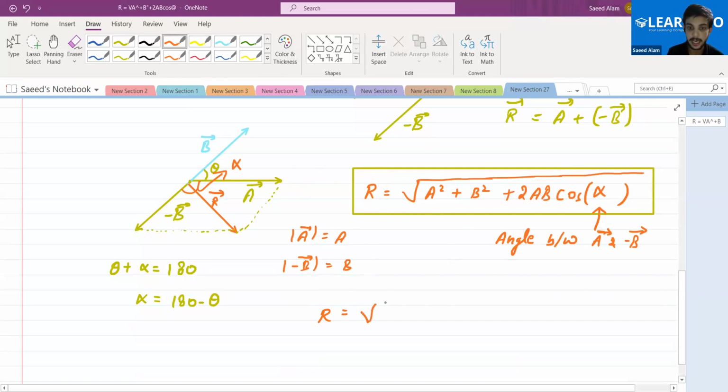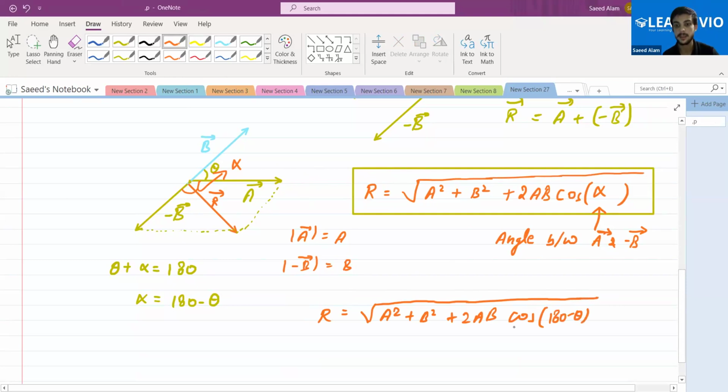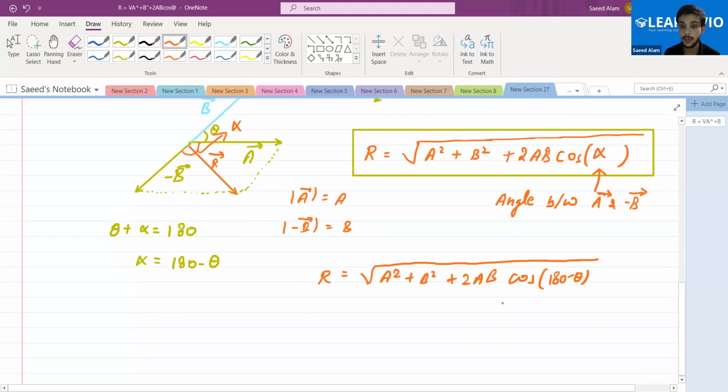So R equals under root of a square plus b square plus 2ab into cos of 180 minus theta. Should I write it like this? Now what is the theta here?